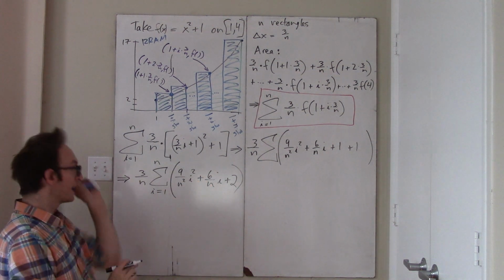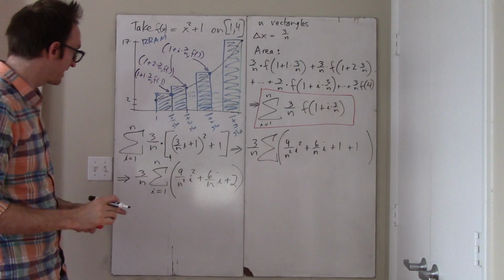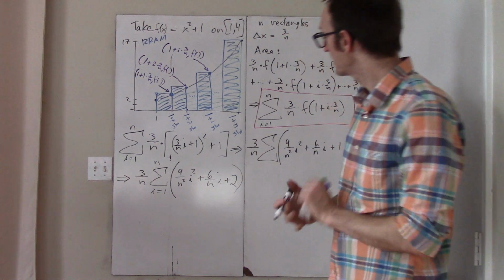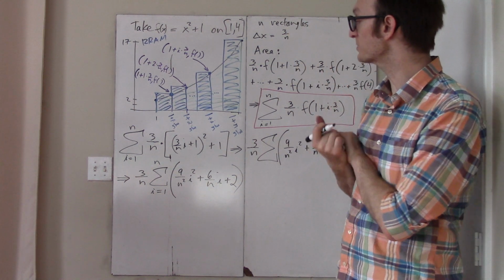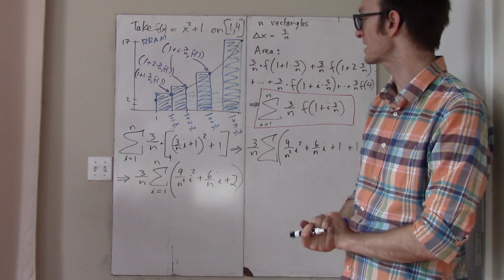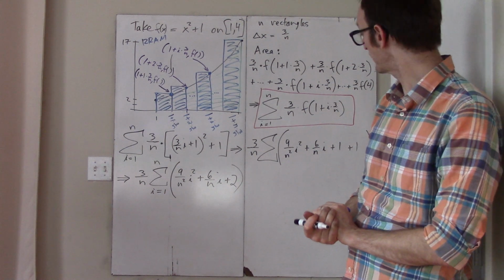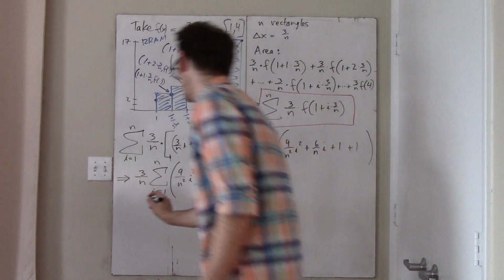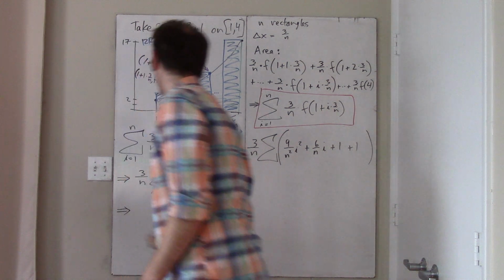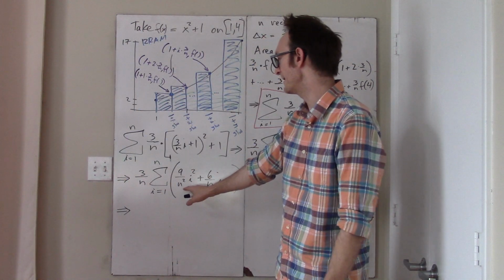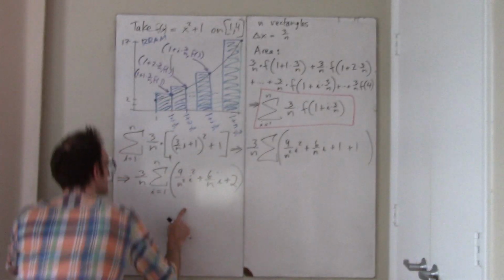Now what? Well, now I should try to pull some things out. And so what I'm now going to do is split this up into 3 different summations. I'll just do it and you'll see.